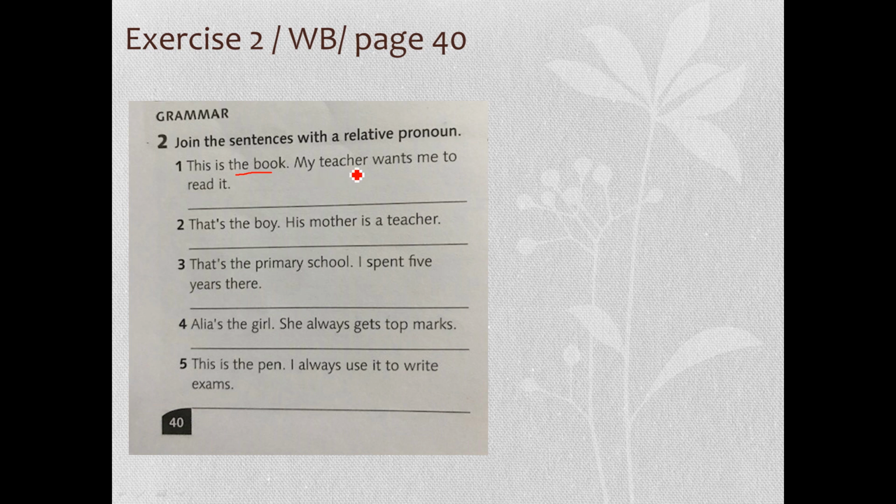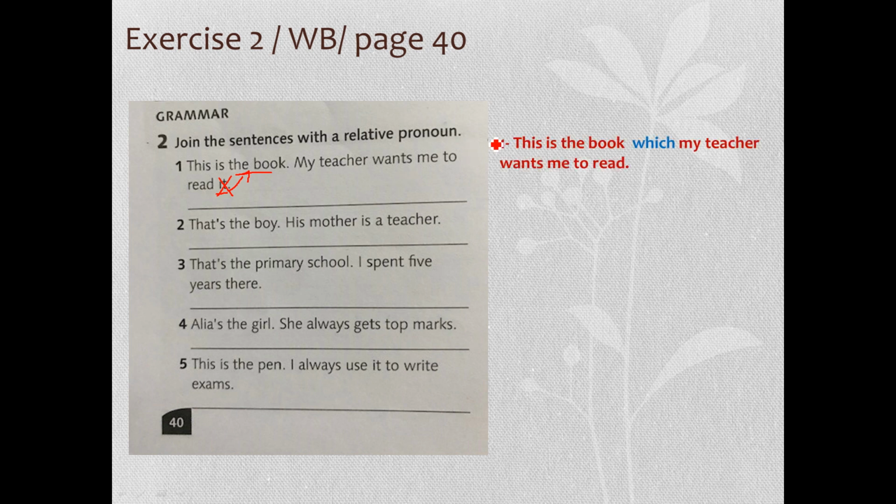Now the second step you have to look for the pronoun or a repeated noun. طبعا إحنا حكينا إنه بيكون عندي تكرار للاسم، وإذا ما كان الاسم موجود بشكل صريح بيكون موجود بشكل ضمير. Now in this sentence we have a pronoun that refers to the book, which is it. طبعا الضمير it هنا عائد على كلمة the book، فبالتالي this is the one I'm going to delete، هو اللي راح أحذفه. وطبعا because the book is a thing we use the relative pronoun which or that.